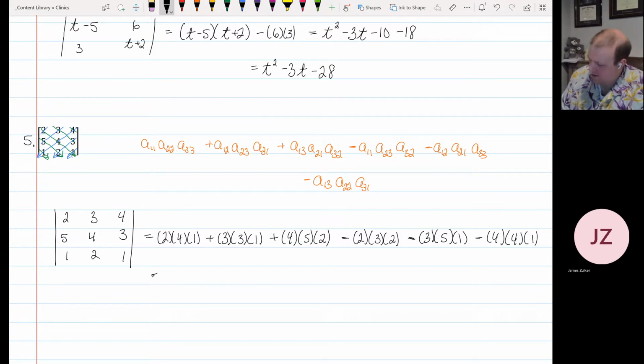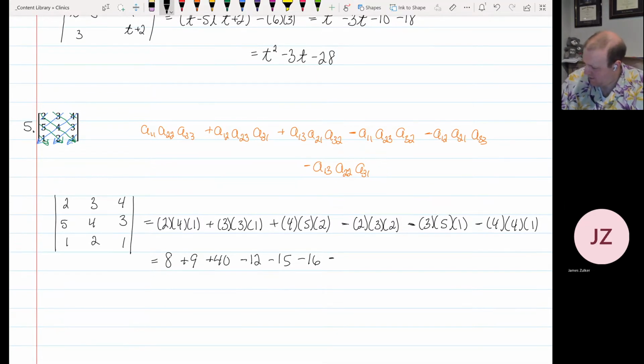So we get 8 plus 9 plus 40 minus 12 minus 15 minus 16. And this will give us a determinant of 14.